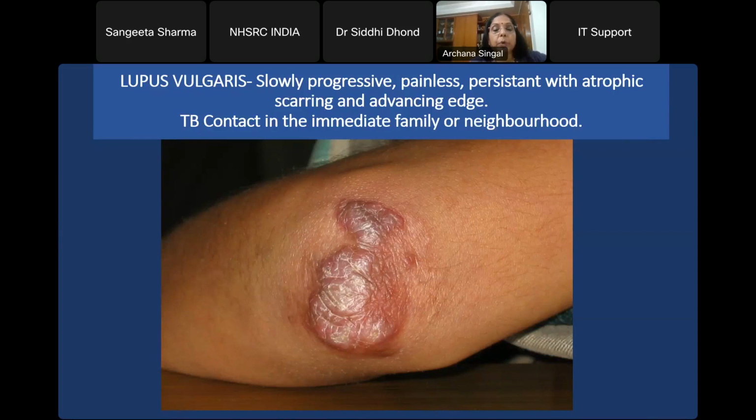It is slowly progressive. The history will be 1 year or 2 years. Always painless. Persistent with atrophic scarring, you can see an advancing margin. So this lesion is resolving spontaneously, and there is a history of TB in the family or neighborhood. Next.